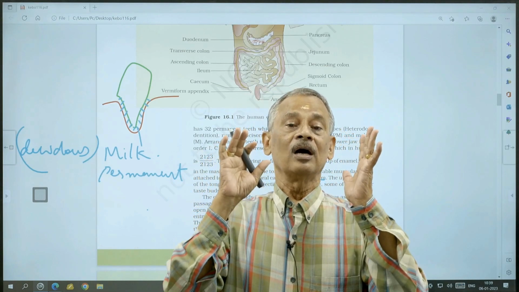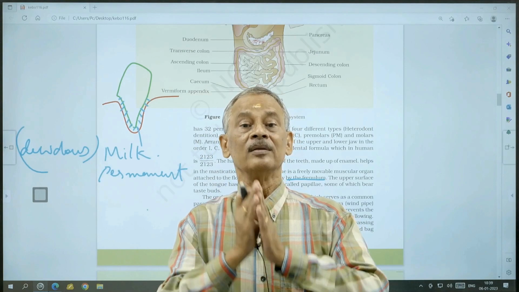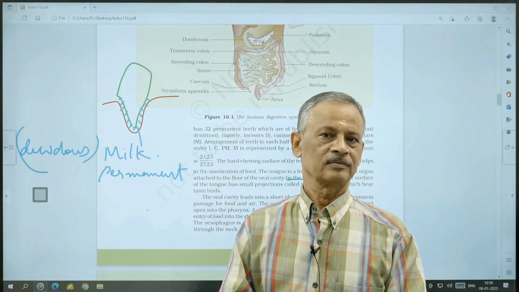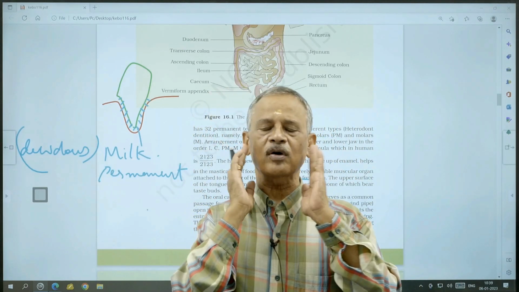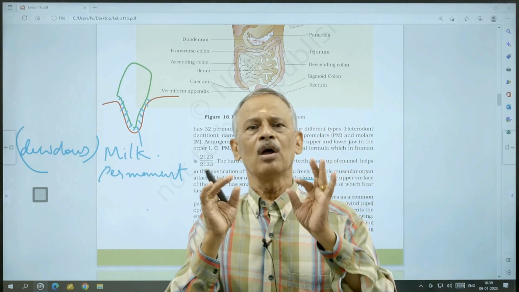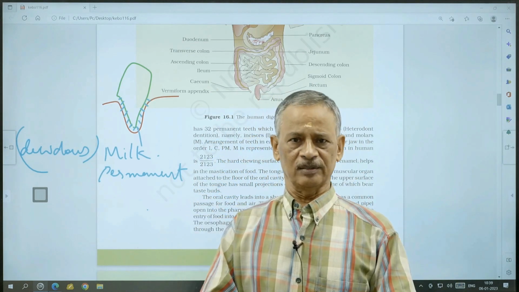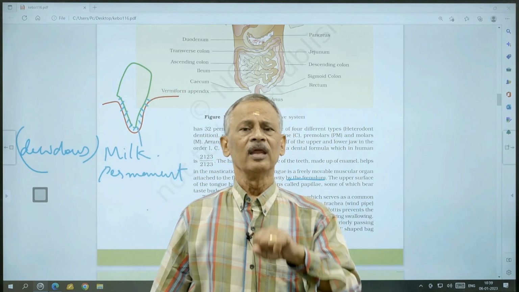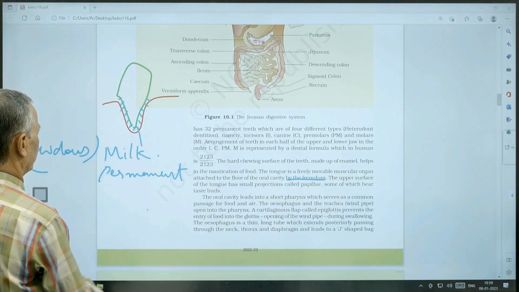Each half of our jaws are having the same number and type of teeth. Because we are having bilateral symmetry, each half of our upper as well as lower jaw are having same number and type of teeth. What are the types of teeth? Normally, we will be having 4 types of teeth appearing in permanent dentition.